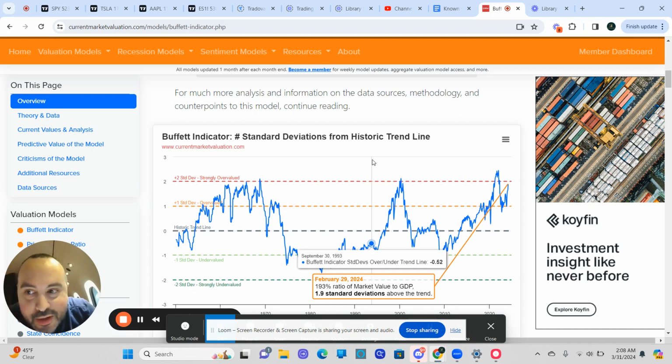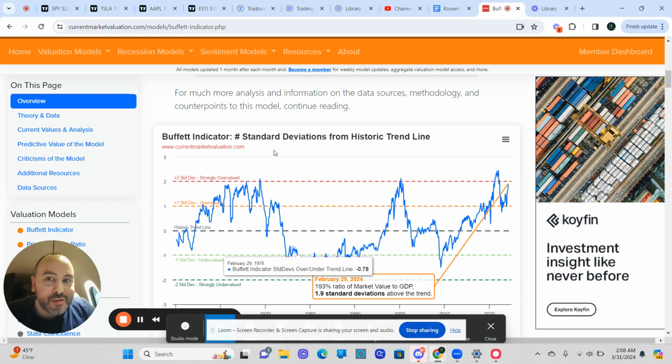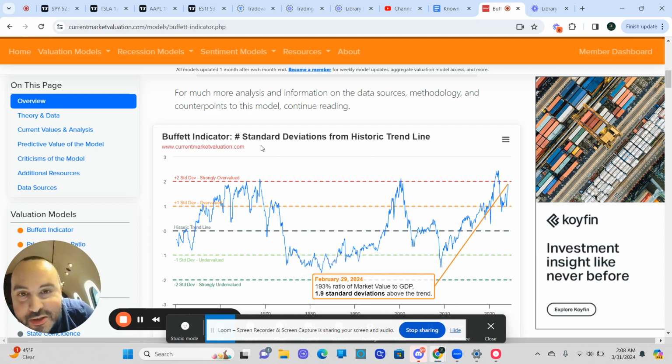That may sound like mumbo jumbo to most of you, but I'm just going to tell you what to look for, because at the end of the day, we don't need to understand all this stuff. We just need to understand what to look for and how to react to it. So let's look at some past performance, and I'll show you exactly what I'm talking about.